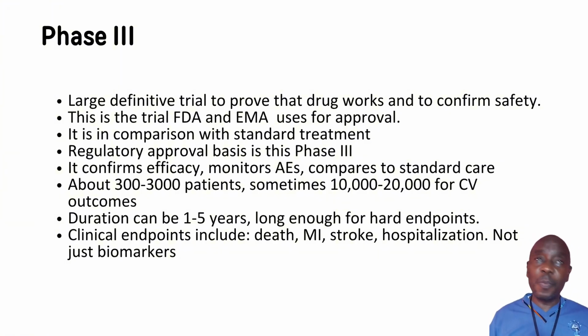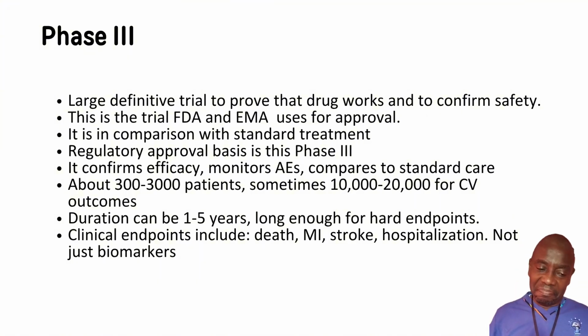About 300 to 3,000 people are used in phase 3. Sometimes for cardiovascular interventions, we might want to have up to 10,000 to 20,000 participants so we can be certain that the cardiovascular outcomes are real for the approval that's about to be given. And this can last from 1 to 5 years.